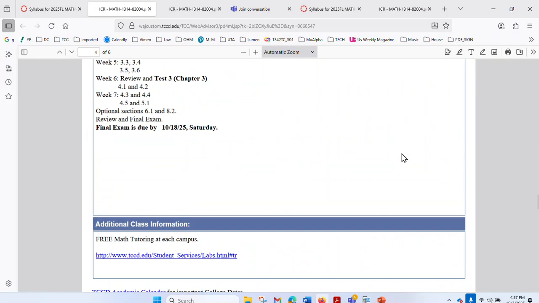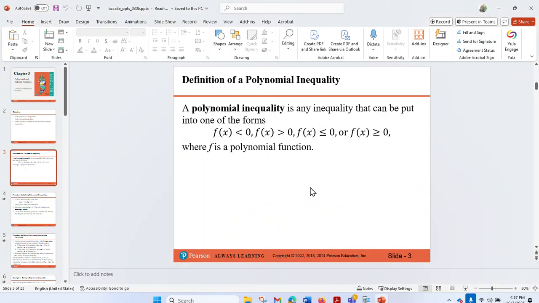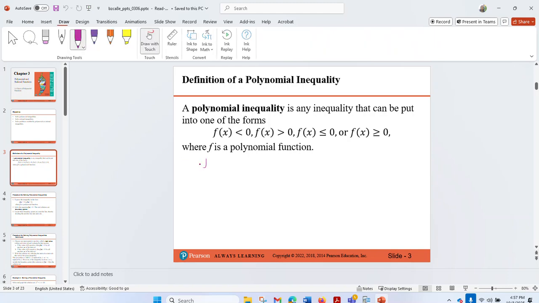Okay, 3.6. Yeah, 3.6 is still required, but we usually just have a very basic inequality. This inequality means you have f of x equal to p of x over q of x, right? If I have a positive over positive, that is still positive, so that is greater than 0.